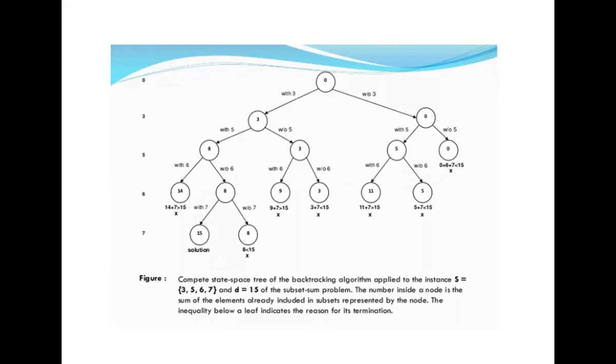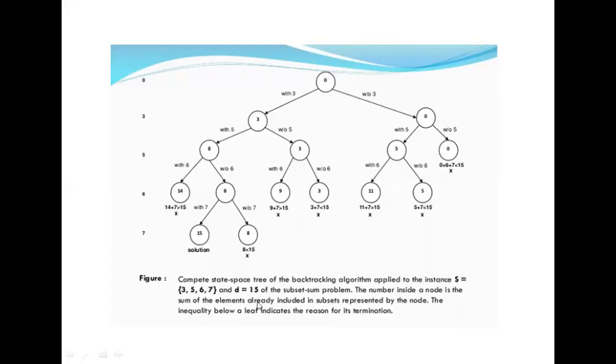Here the backtracking approach is used for trying to select a valid subset. When an item is not valid, we backtrack to get the previous state.